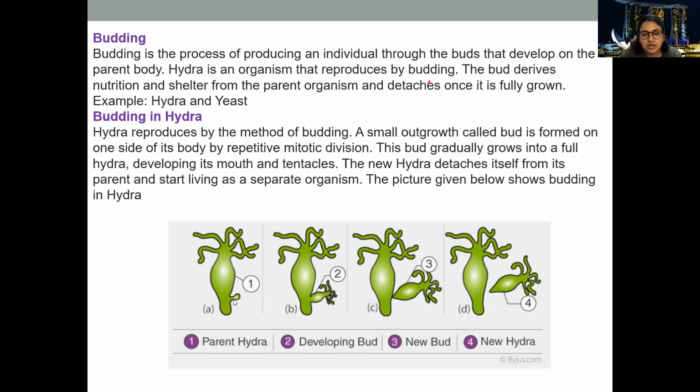So through repetitive mitotic cell division, the outgrowth grows up, and the bud gradually grows into a full hydra, developing its mouth and tentacles, and when it becomes fully grown, it detaches from the parent body and starts living as a separate organism. So this is the process of budding.